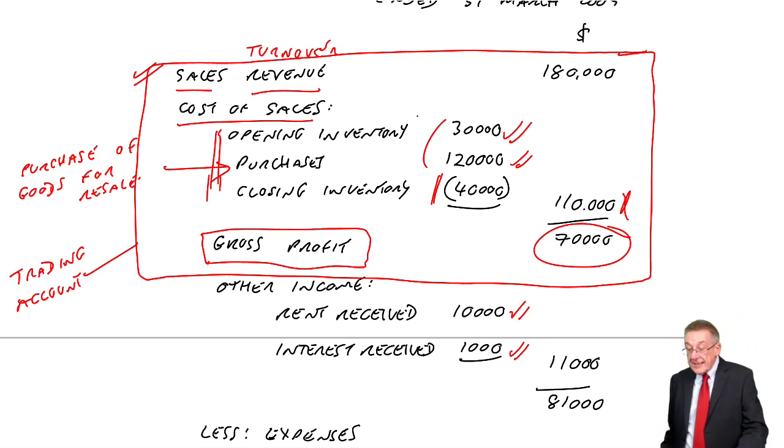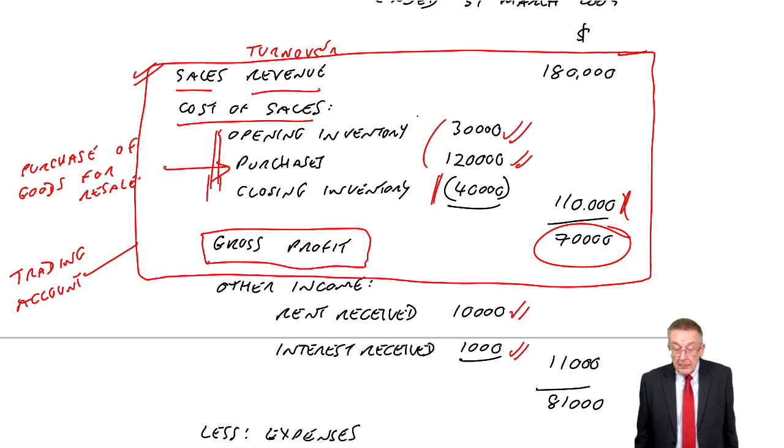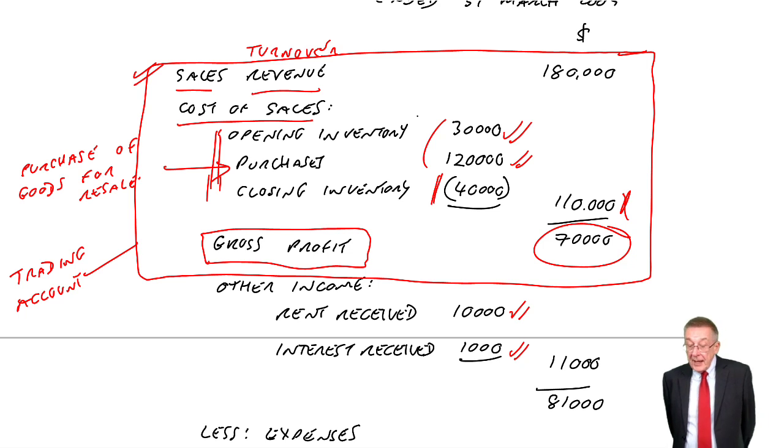As I say, we don't write that heading anywhere, but if ever you see mention of the trading account, it just means the first bit, the top bit of the statement of profit or loss, as far as the gross profit.